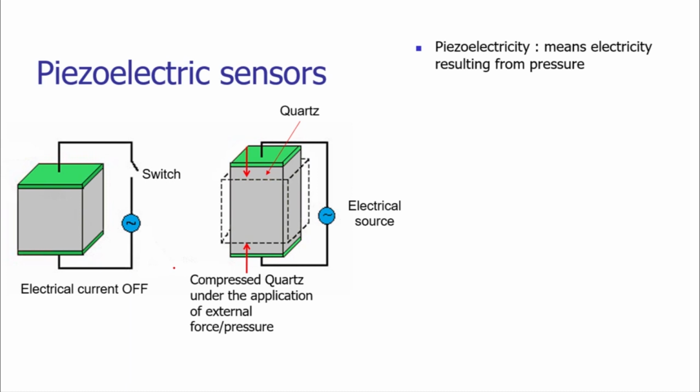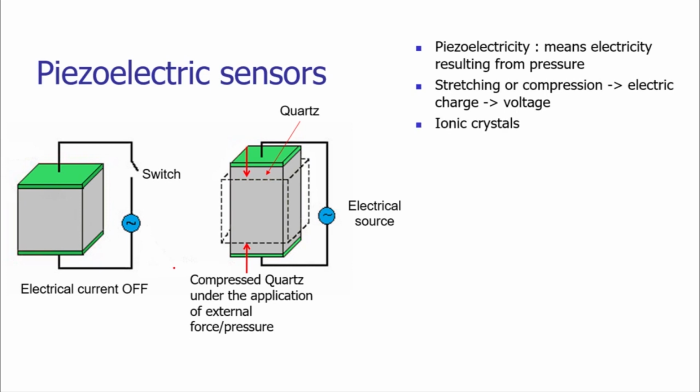There are certain materials, so when we apply a compression force on these materials, or when we stretch these materials, the electric charge will be developed, and that electric charge will generate the voltage. So voltage generation is proportional to the force or the pressure which is being applied.